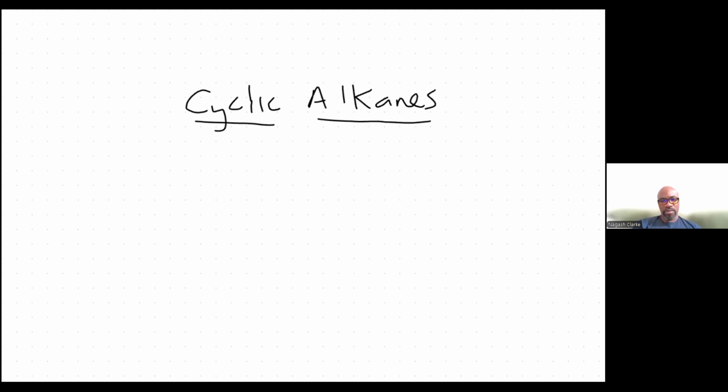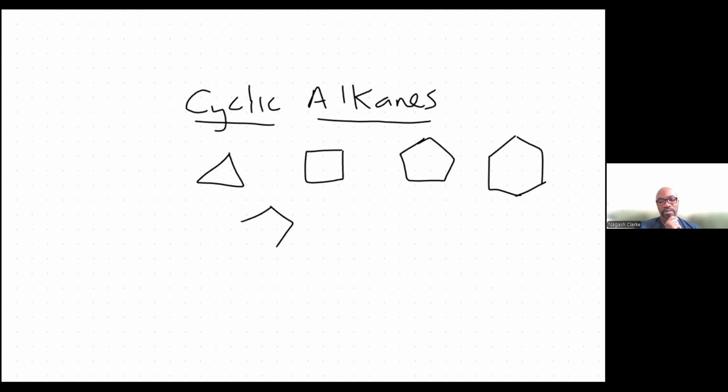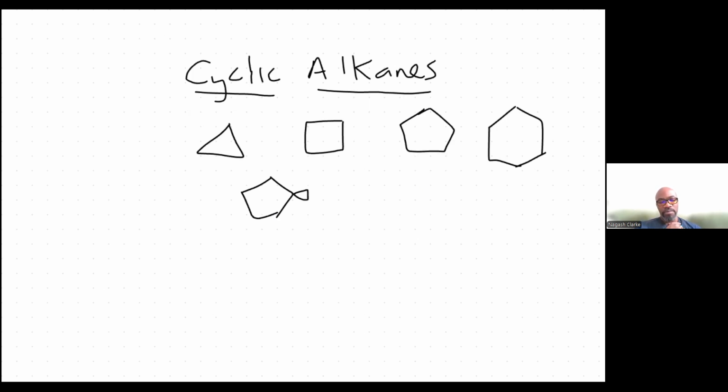You have your cyclopropane, cyclobutane, cyclopentane, and we have cyclohexane, and we could keep going. And then you could put branches on the various substituents, put a methyl, for example. So we'll deal with naming cyclics in a different video. So for now, we want to center on cyclohexane.